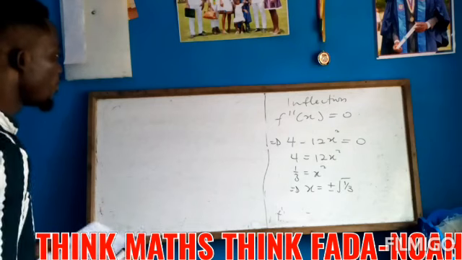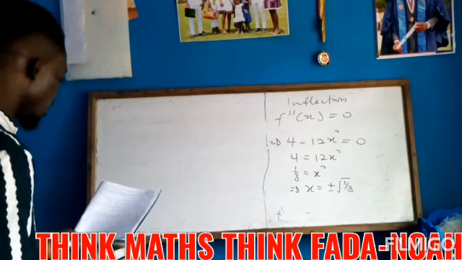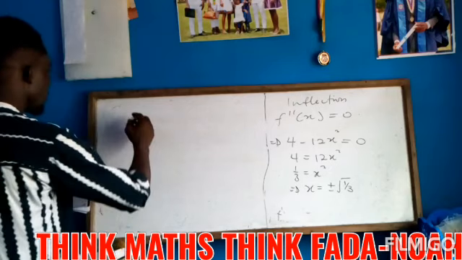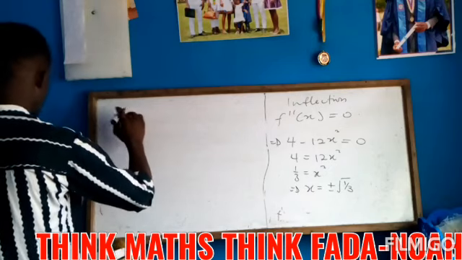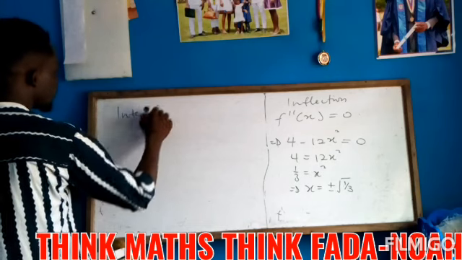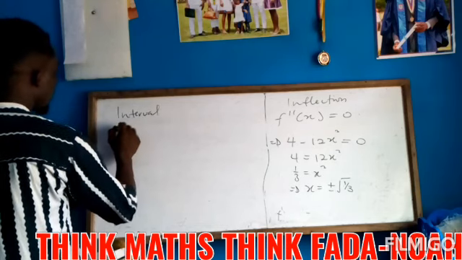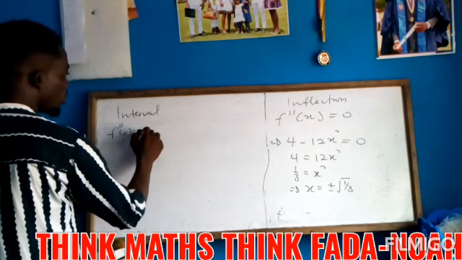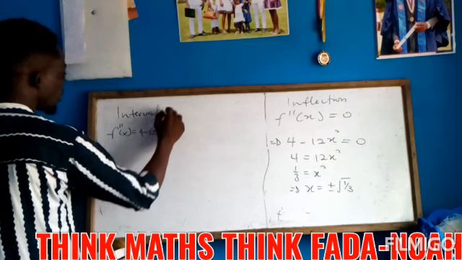So let's say we have the interval, and we have f prime prime of x equal to 4 minus 12x squared.